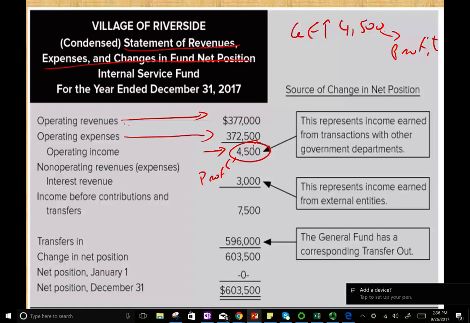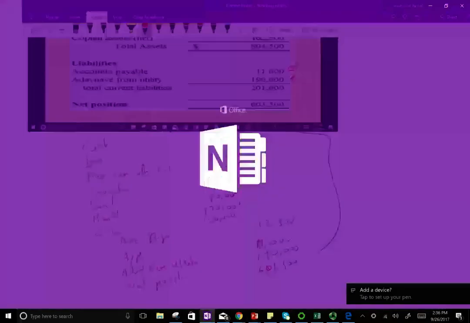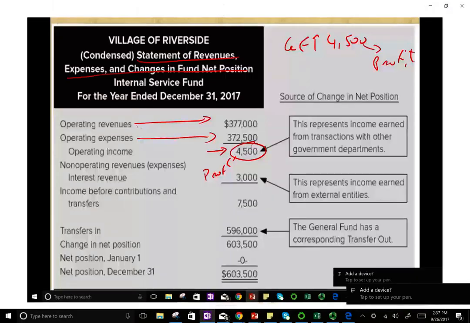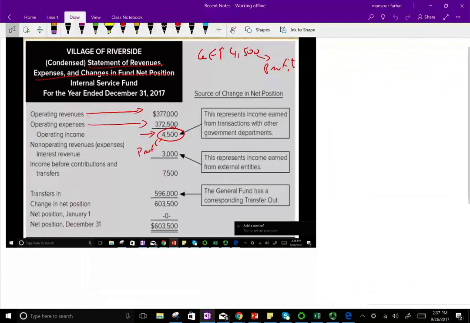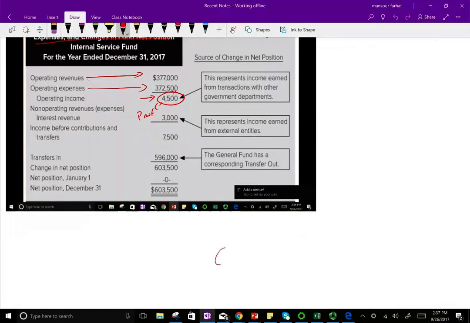So what do we need to do? Under those circumstances, we need to remove 4,500 from the governmental expenditure. So we have to credit expenditure, general government, general fund, 4,500, and we debit net position 4,500.